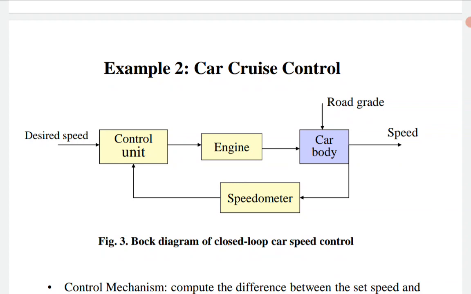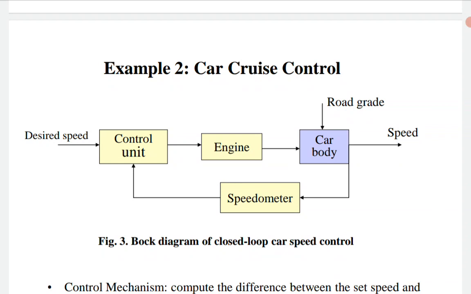Correspondingly that output will be fed to the engine and will pass through the car body, where the road grade is another external input on the car body, by which the corresponding speed is generated. Sometimes the road is not smooth, sometimes it is smooth, so the driver has to keep that in mind and manage the car accordingly: if the road is very smooth we can increase the speed, if the road is rough we have to reduce it.